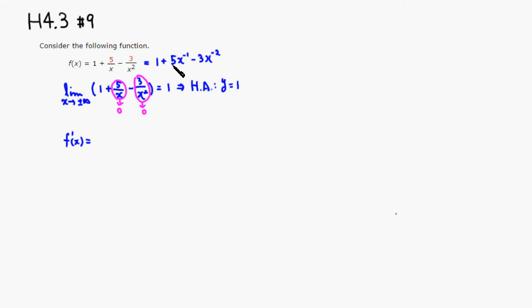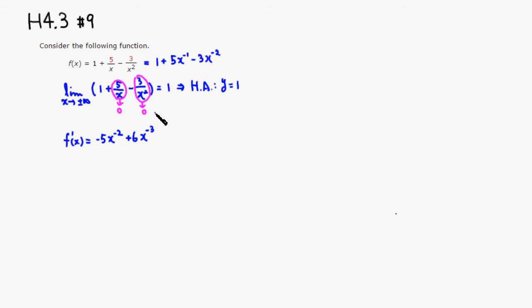The derivative of 5x to the negative 1 is negative 5x to the negative 2. And the derivative of negative 3x to the negative 2 is negative 3 times negative 2, which is positive 6x to the negative 3.